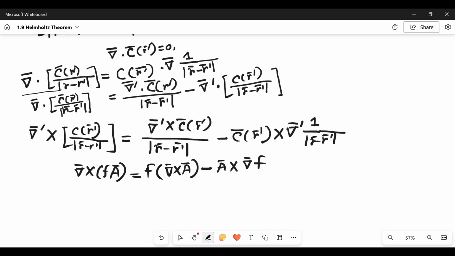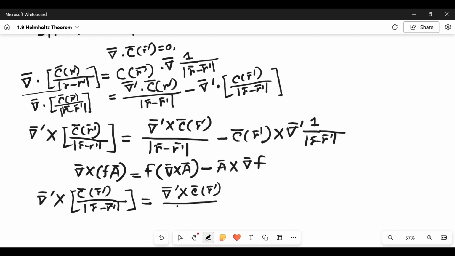Now using the shifting properties we can write, so minus sign will be converted into plus as I converted the gradient operator from primed coordinate to non-primed coordinate.